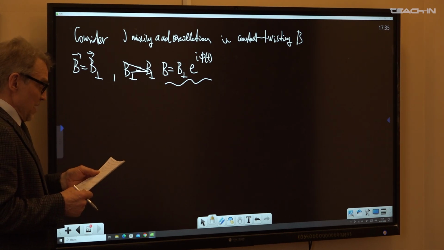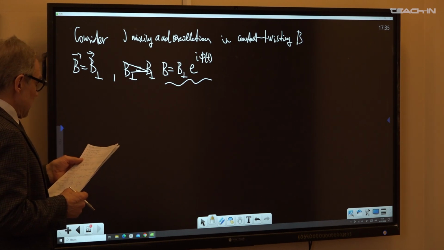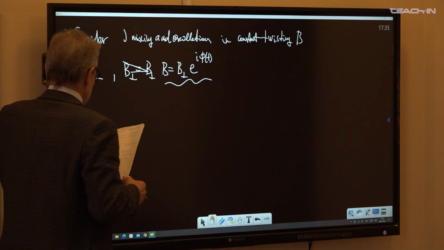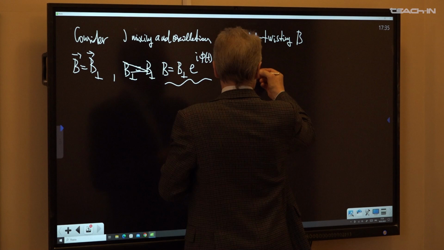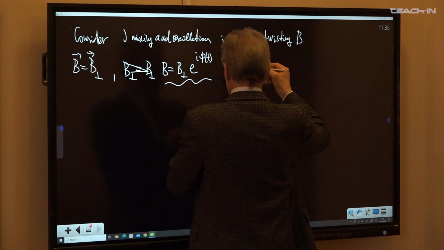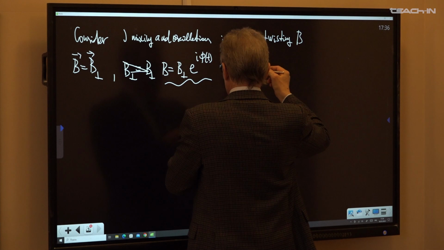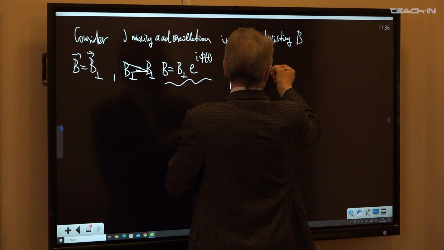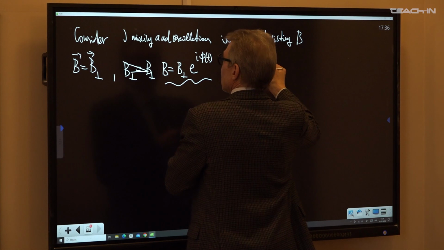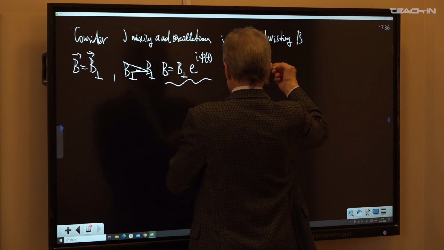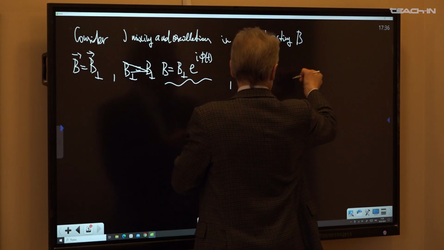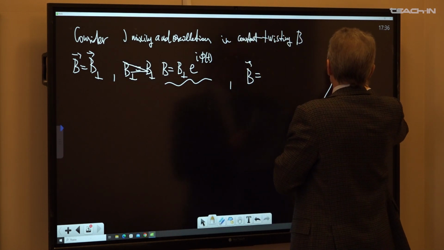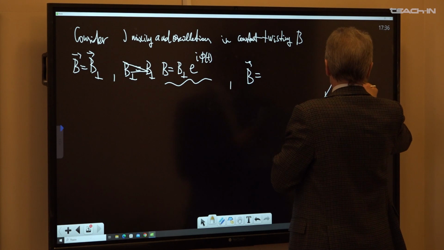on the blackboard here. So this is a twisting magnetic field. We can write that this is, again, the field, but with the 2 components. Let's fix the reference frame like this.